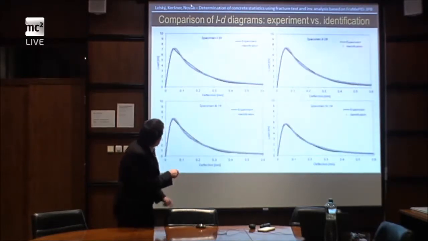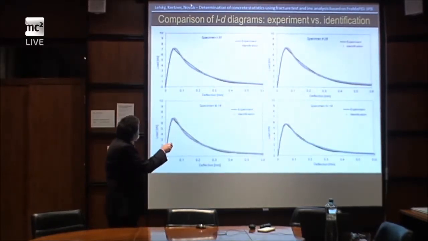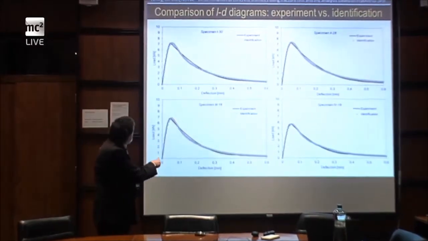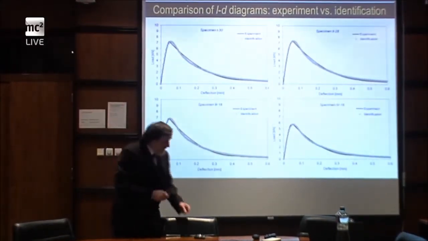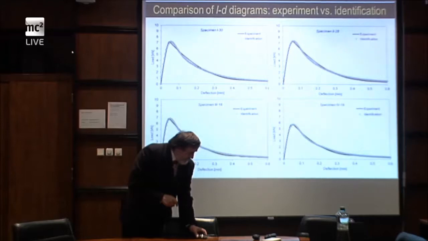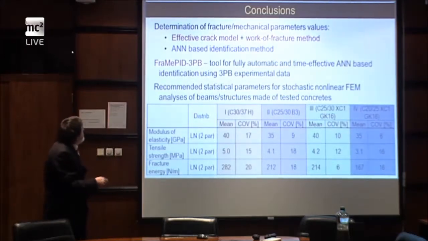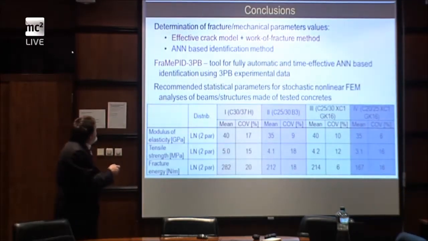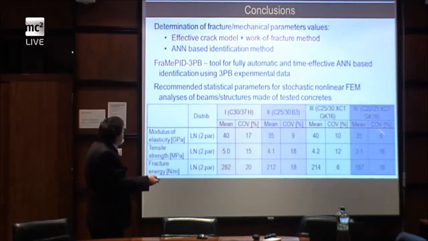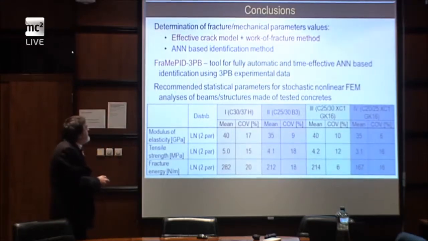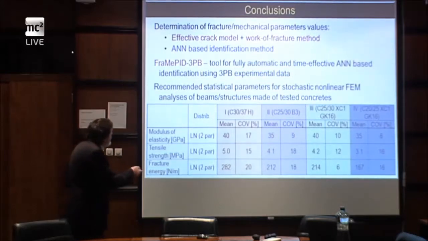This is after experiment identification. After calculation, you can see we are very close in the load-deflection curve in both the pre-peak and post-peak regions. The conclusion of this experimental campaign is that the effective crack is a synthesis of these parameters. These are recommended statistical parameters for stochastic nonlinear finite element analysis of the tested concrete.